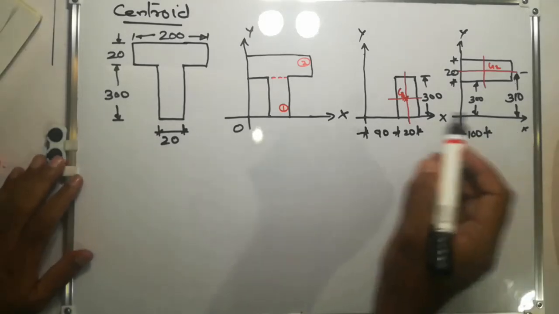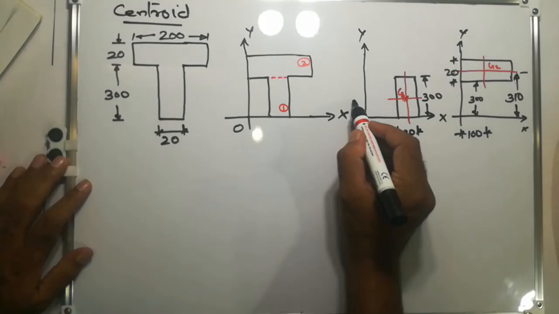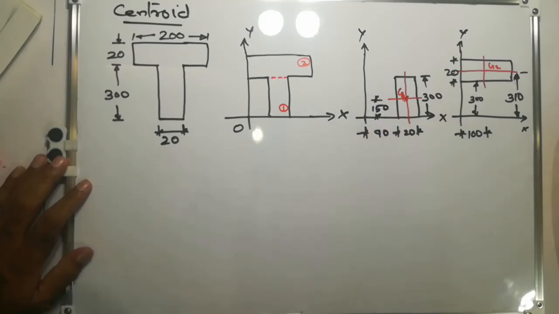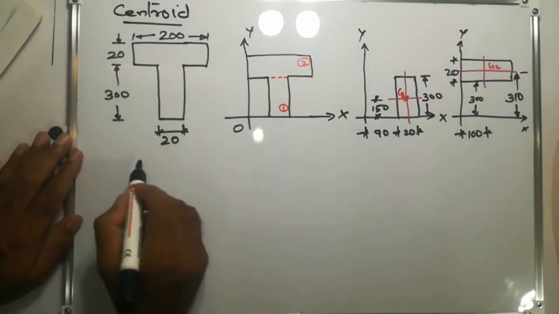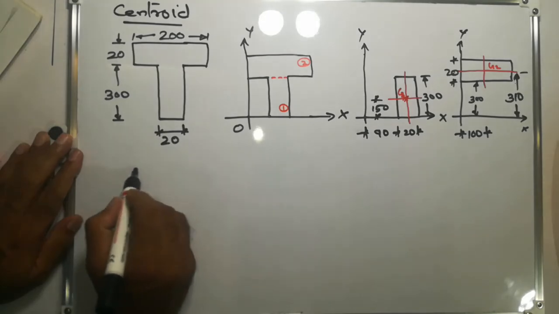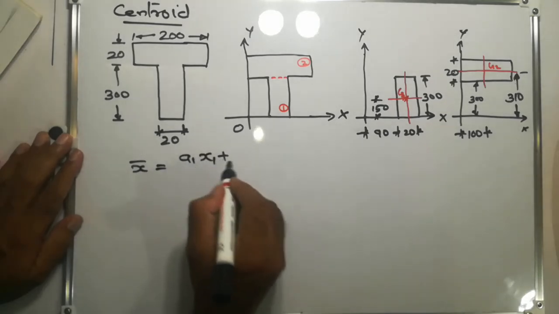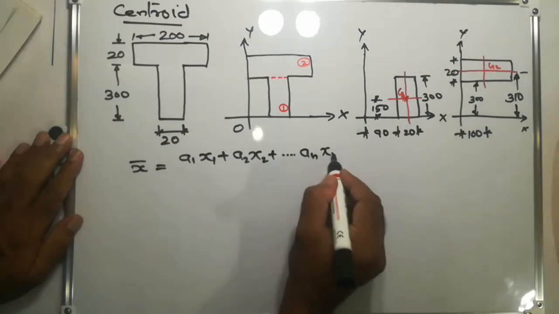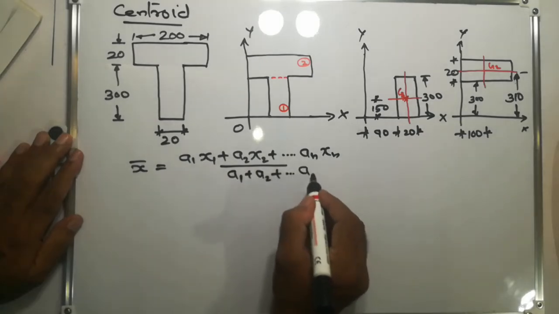Now its centroid is 300 by 2 equal to 150. So we got all the distances. Now we can find out the centroid. To find the centroid, we have the equation, the x coordinate of the centroid, x bar equal to a1 x1 plus a2 x2 plus etc. plus an xn divided by a1 plus a2 plus etc. plus an.